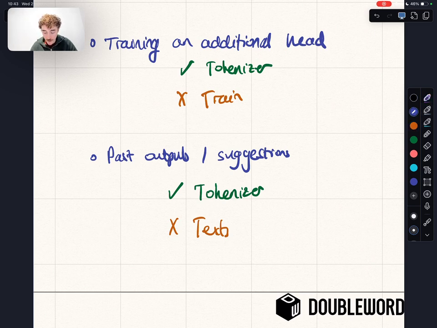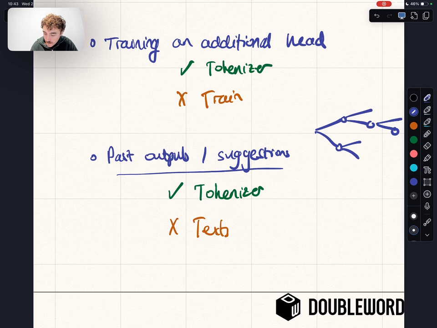Here at Doubleword, we actually created our own version of this, where we store the past outputs of a model in a big prefix tree, and as the model's generating, we walk down the tree and find previous outputs of the model that share a prefix that the model might continue.